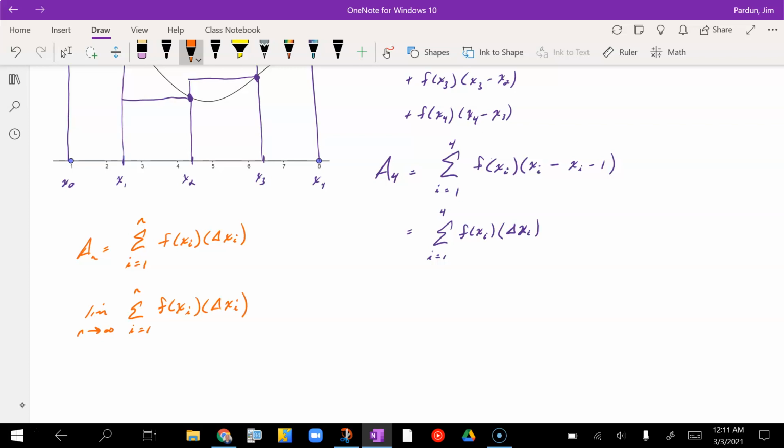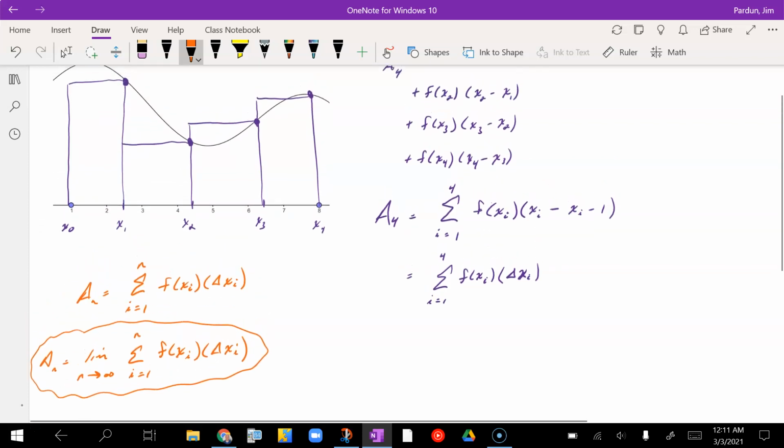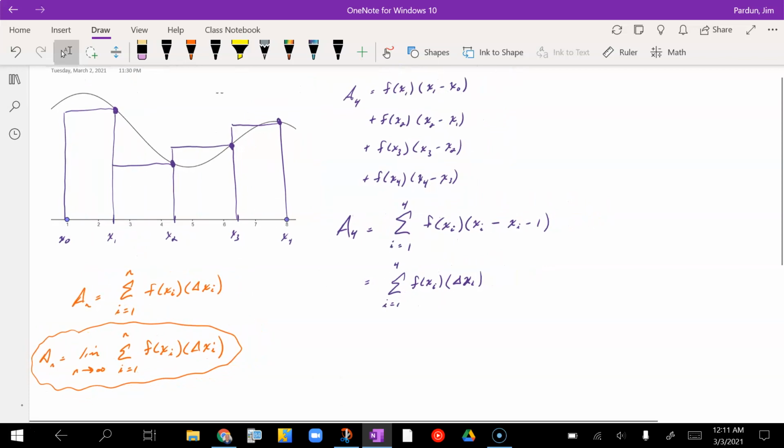And this right here, area, is going to give me not just an approximation of the area, but because I'm letting n go to infinity, it's going to give me the exact area underneath this curve. And that is kind of a cool concept.